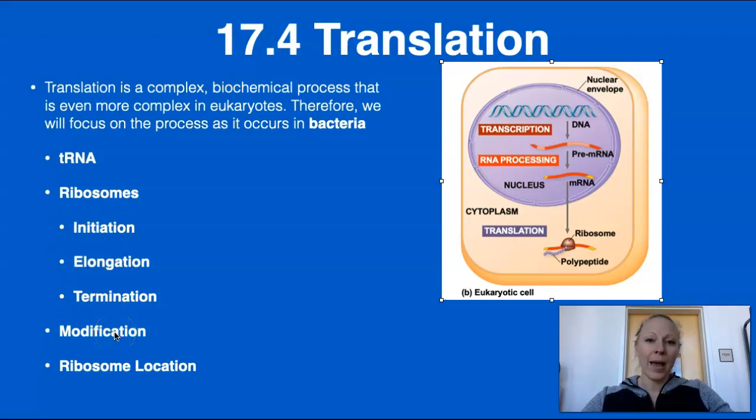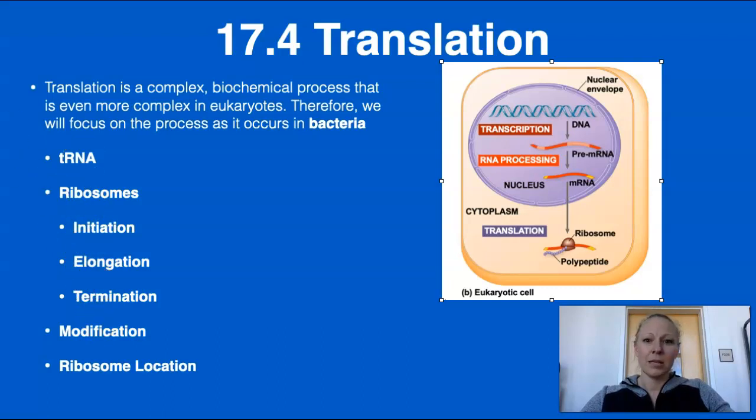Then we're going to talk about how polypeptide chains are further modified into proteins. And then we're going to talk once again about ribosomes, but where they are in the cell. So this is kind of our map for the day.